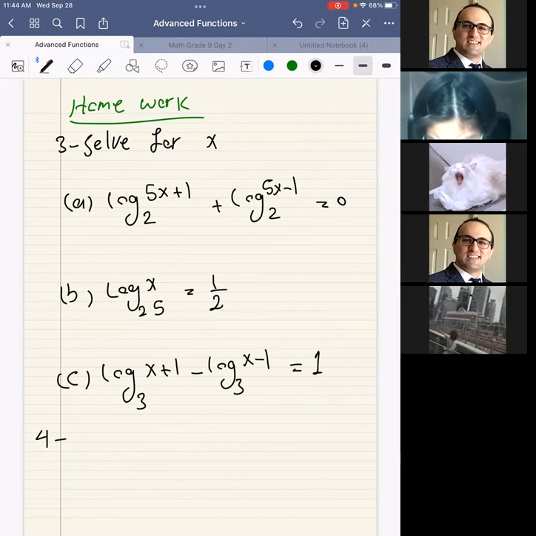And question 4, draw the graph of the function.